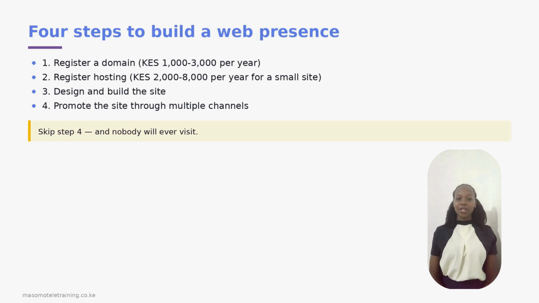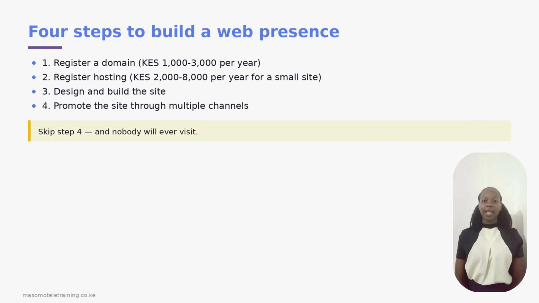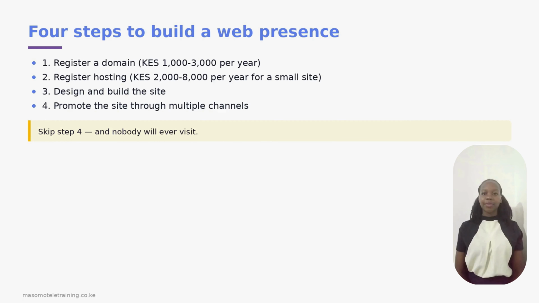Once you have chosen a website, there are 4 steps to build it. Step 1. Register a website address, a domain name. This costs between 1,000 and 3,000 shillings in Kenya. Step 2. Register hosting, the server that stores your files. This is between 2,000 and 8,000 shillings a year for a small site.